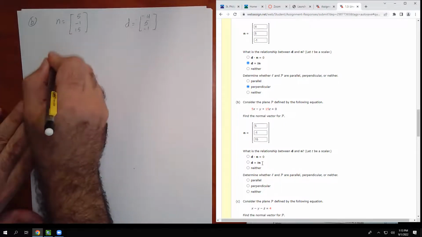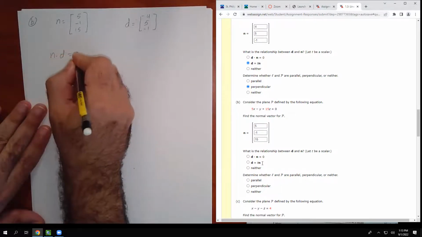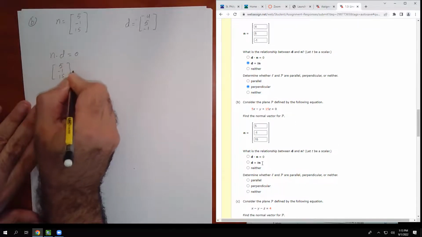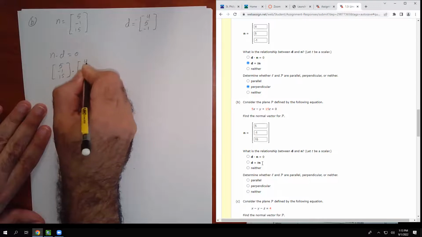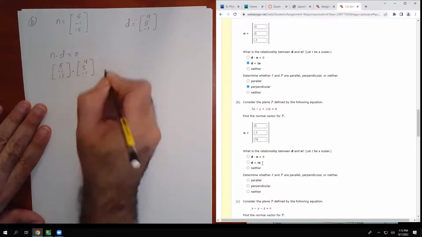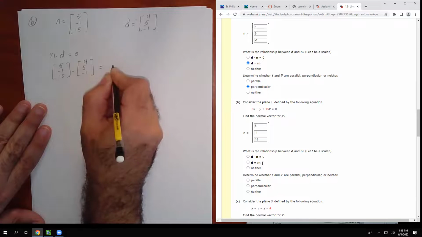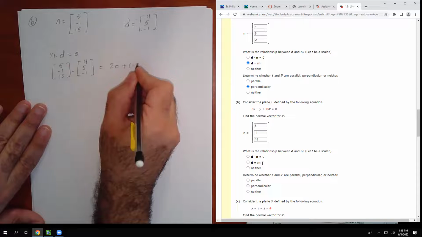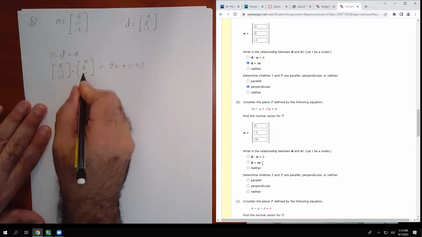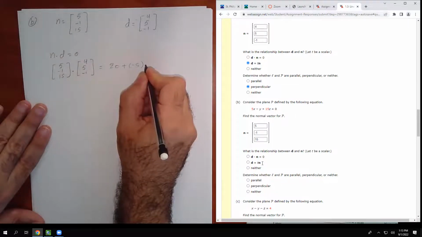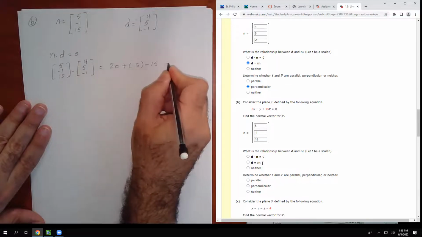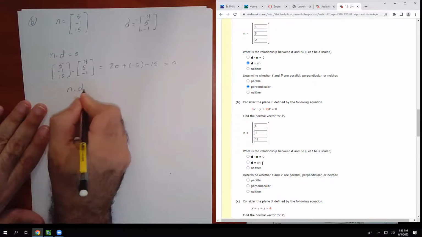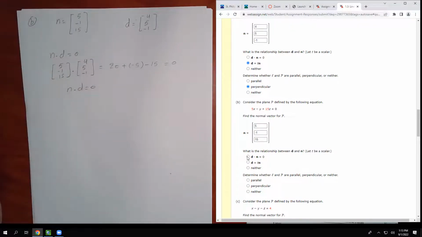N times D is going to be equal to 0. Here's N, 5, -1, and 15 times D, which is 4, 5, -1. It's going to be 5 times 4, which is 20, plus -1 times 5, which is -5, plus 15 times -1, which is -15. The result is what? 0. That means N times D equals 0, so I'm going to choose this one.